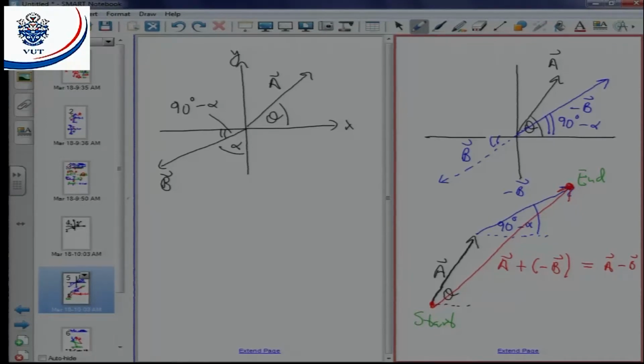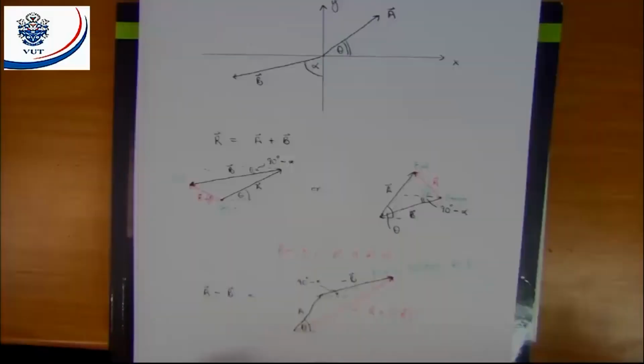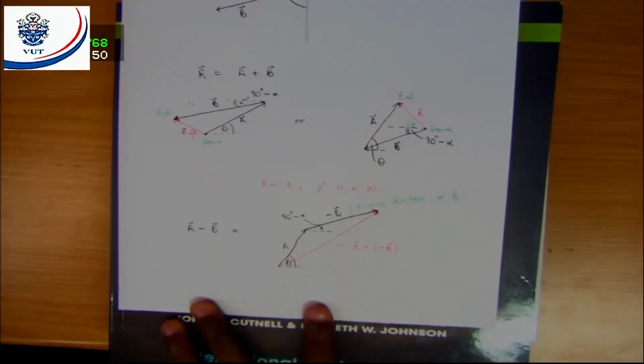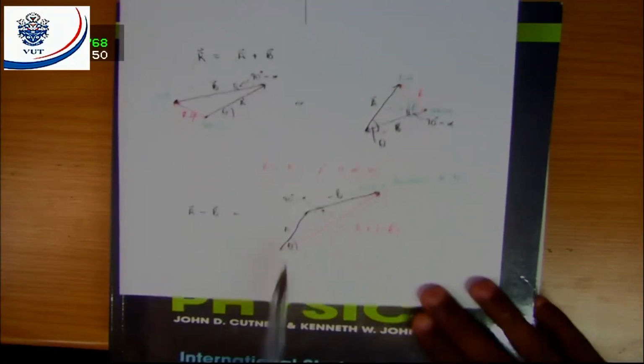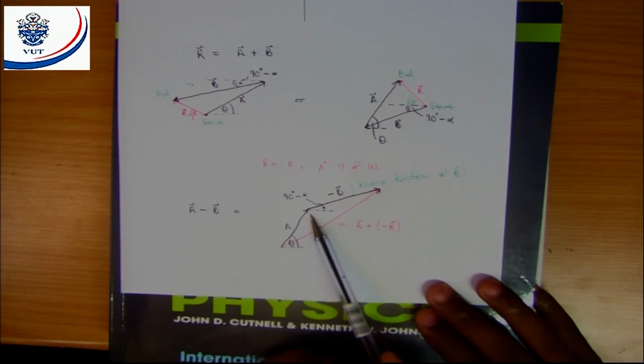Let's check my solution over here. It's the same thing which I've been talking about. We've got A over there, it forms an angle theta with respect to the x-axis, and then we have minus B, which is in the opposite direction as B, same magnitude.